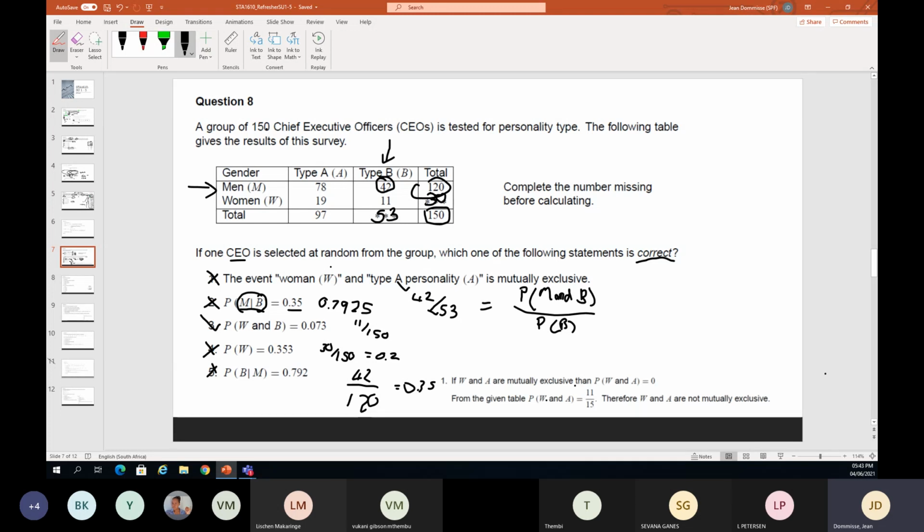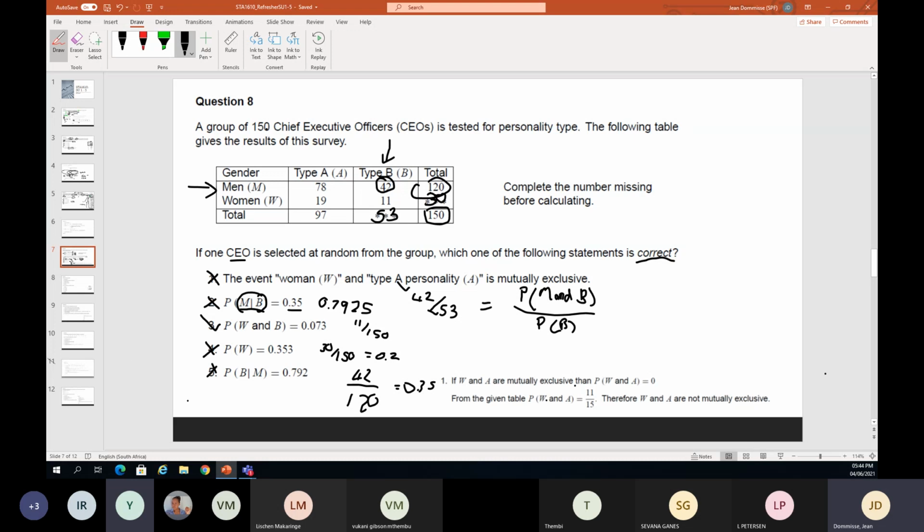There were some of the missing numbers that we completed. Need to remember the mutually exclusive rule, and then basically when something is given, how do you calculate that? Yes, there was a question, or has it been answered?